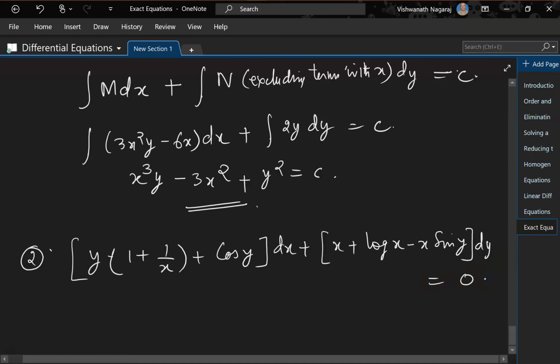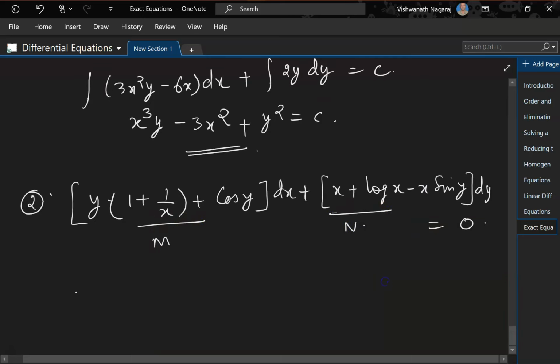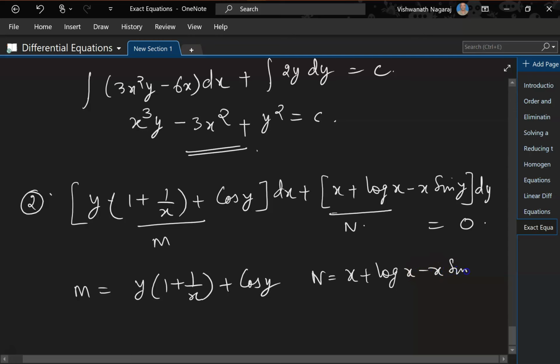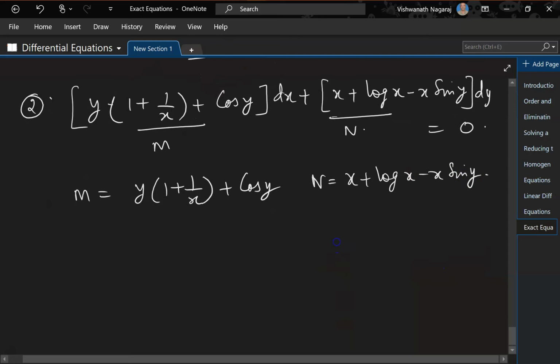Now if you notice, this is M and this is going to be N. So M is equal to y times (1 plus 1/x) plus cos y, and N would be equal to x plus log x minus x sin y. Let's verify whether there is an exact solution.